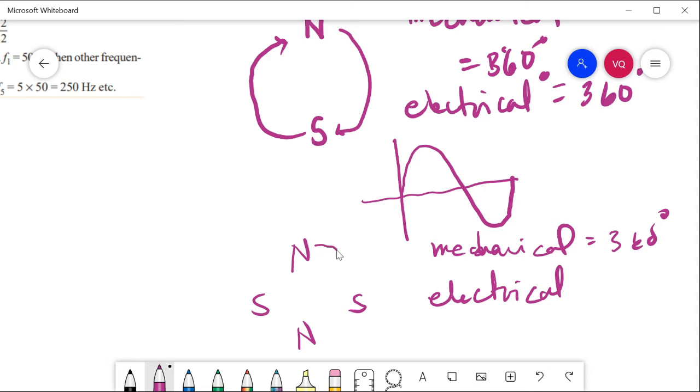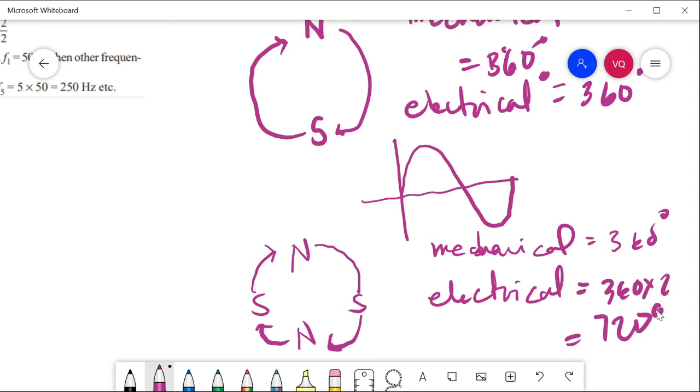We have north, south, north, so we have 360 here. Another north, south, north, so we have another 360 degrees. So in four-pole, we have 360 times 2. That is 720 electrical degrees. And we have 360 degrees mechanical naman.